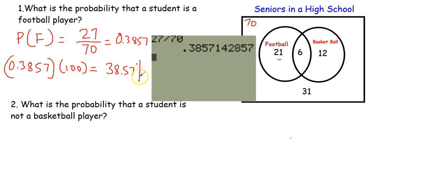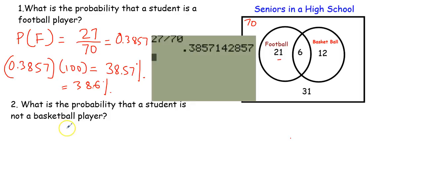That is the percentage. And sometimes if you have to round it to the nearest tenth, you can write it as 38.6%, or nearest whole number you can say 39%. So out of 100 students, this is the number, that is 39 students are football players. That's how we can find the probability for this.